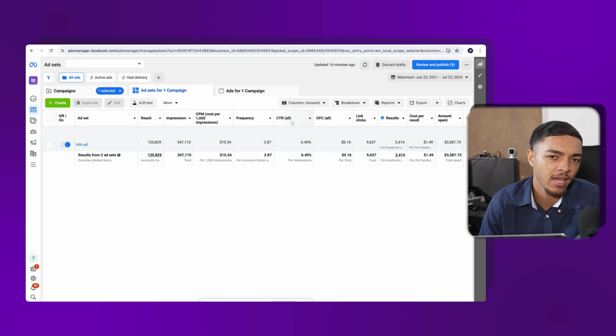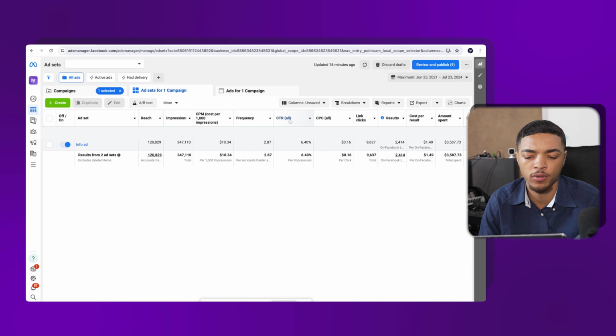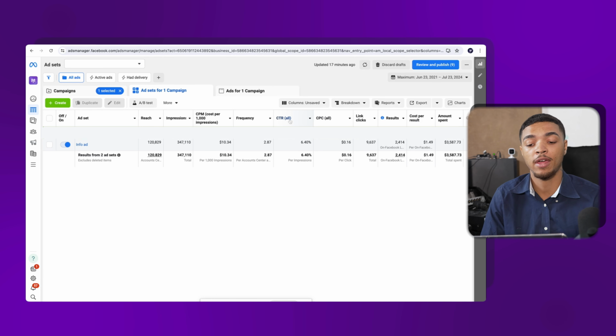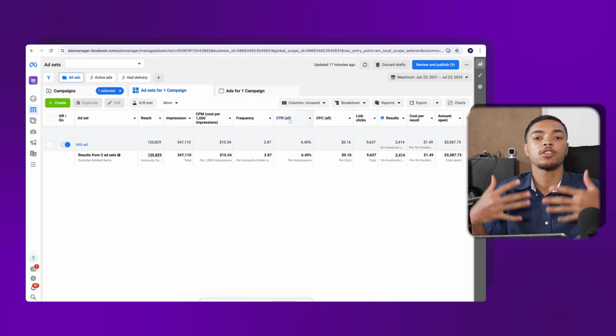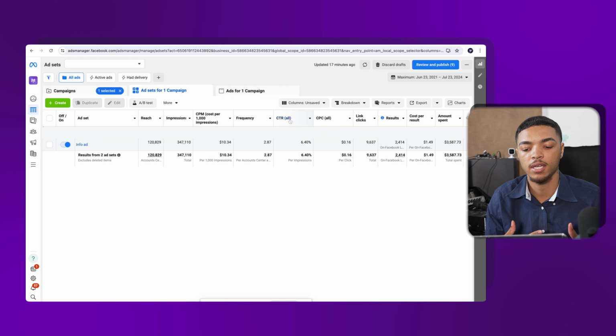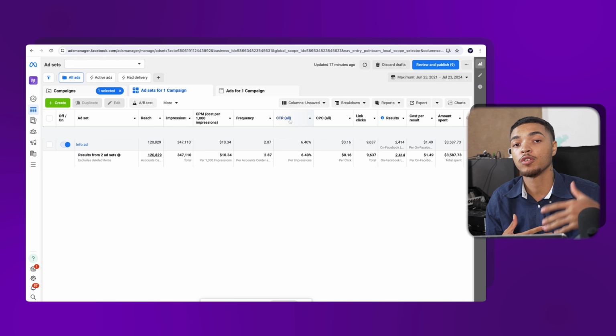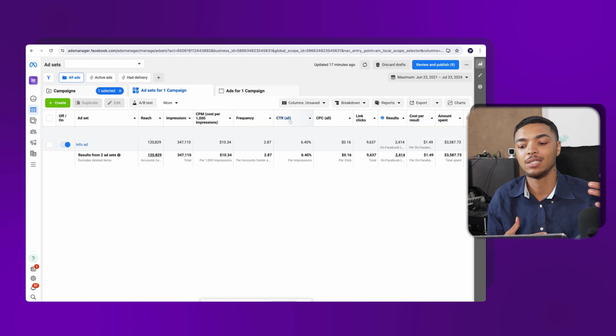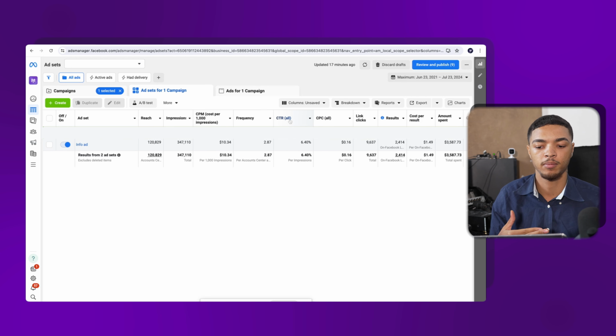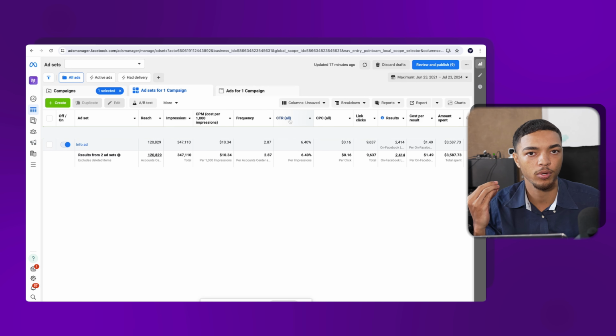To increase that number, you want to be focusing on the creative, so the image or video, and the primary text and the headlines. So that first impression of your ad is what will either increase this number or decrease it. And CTR is such an important metric.